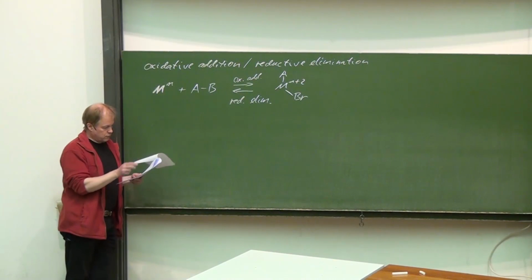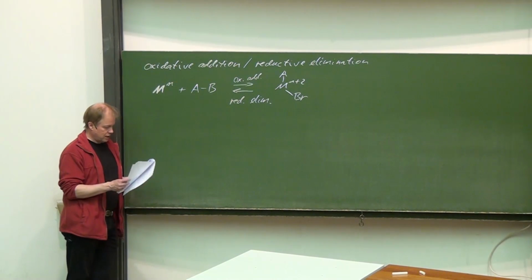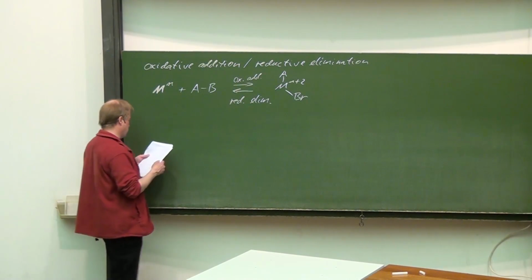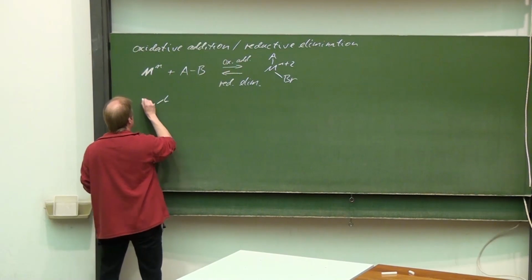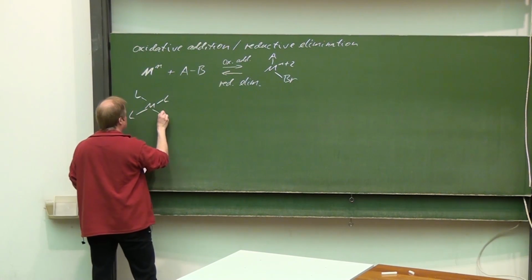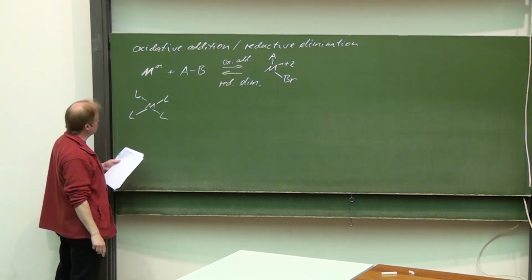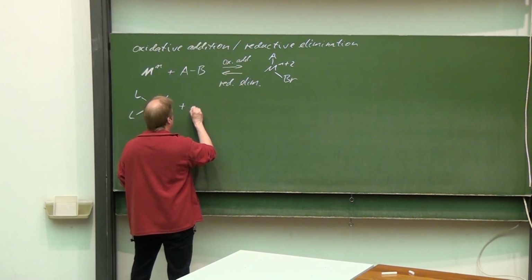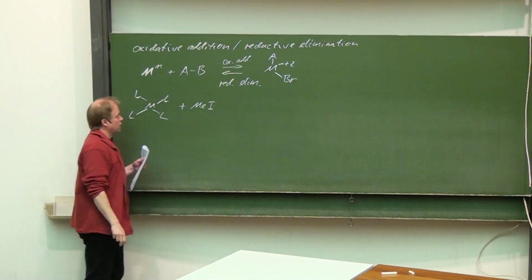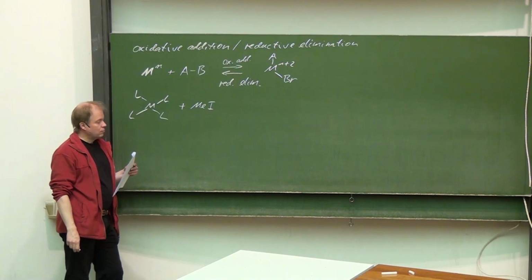Well, let's have a look for some examples and the mechanisms which can occur for oxidative addition reactions. For instance, the SN2 type oxidative addition. Let's assume such a square planar complex with methyl iodide.